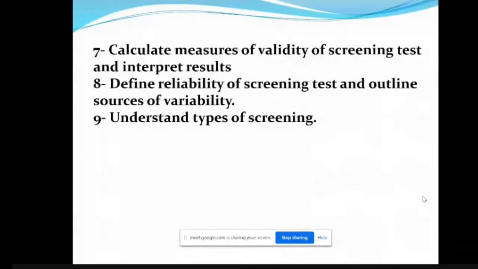We are also going to learn how to calculate measures of validity of screening tests and to have an idea about reliability of screening tests and sources of variability.